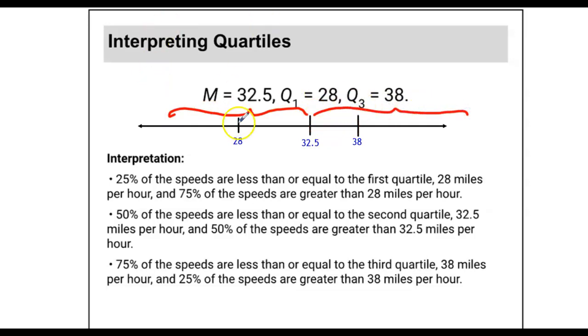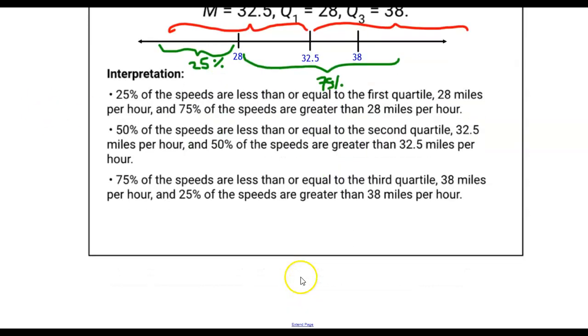I also know that 25% of the data lies below 28 because 28 is the first quartile, and I know that 75% of the data lies above 28. And similarly, I could find that 25% of the data lies above 38, but 75% of the data lies below 38. Okay, that's how to interpret quartiles.